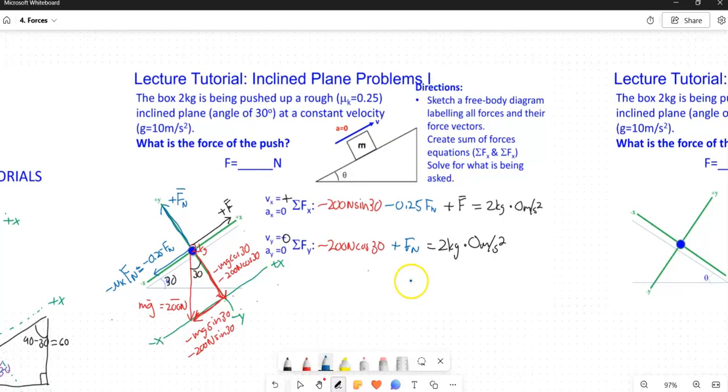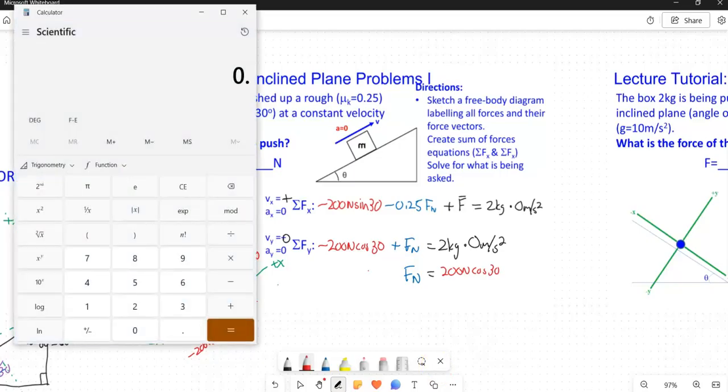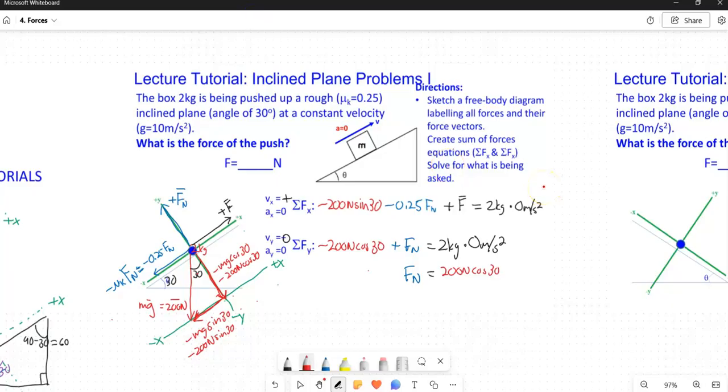So we could recognize pretty easily that the normal force, this is 0, so you're going to add the 200 cosine of 30 degrees onto the other side. 200 newtons cosine of 30 degrees, which is 0.866, so about 80% of 200, 173.2. So we know the normal force is going to be equal to 173.2 newtons. All right.